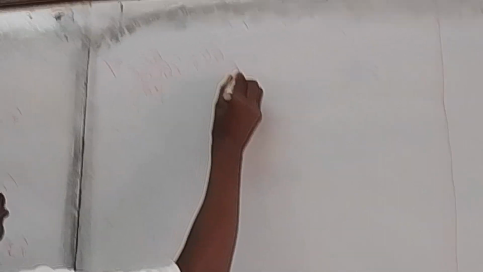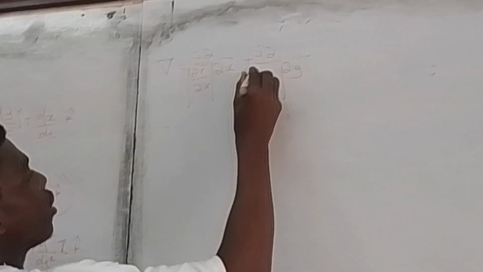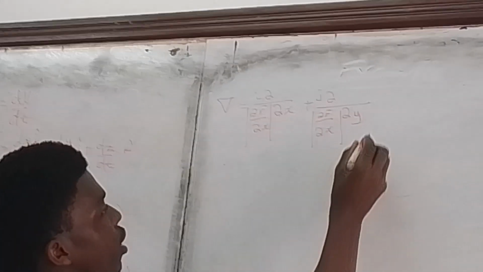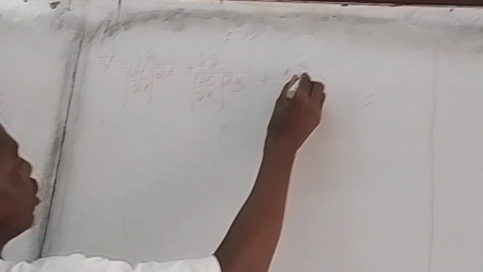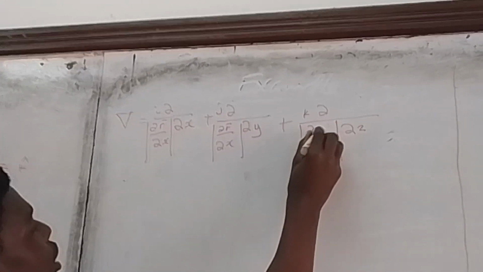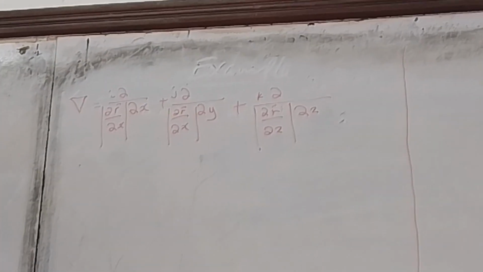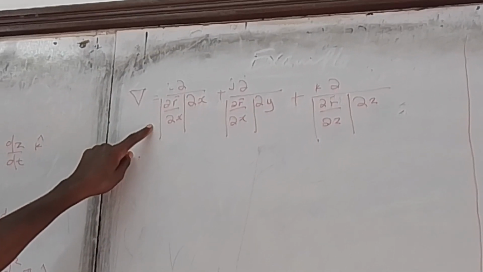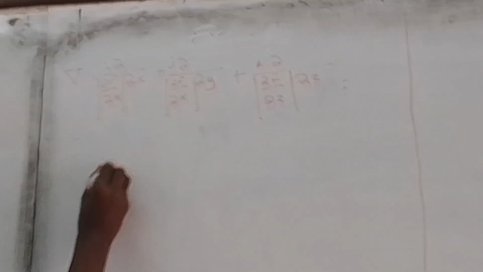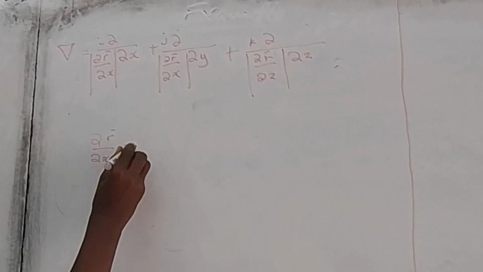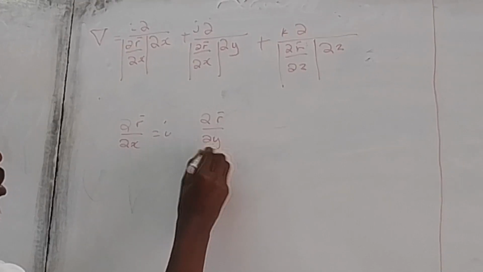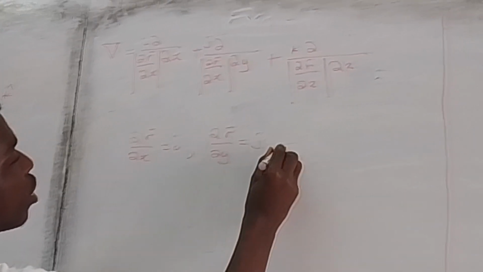Del operator is given by i in the i direction, d over dx over the magnitude of dr over dx, keeping y and z constant, plus j d over dy over the magnitude of dr over dy, keeping x and z constant, plus k d over dz over the magnitude of dr over dz, keeping x and y constant.